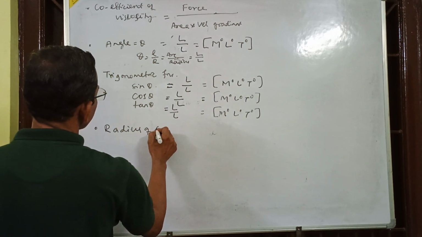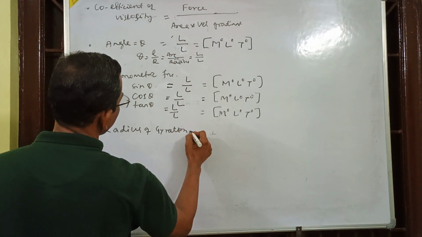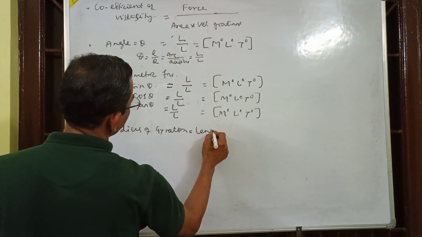Now, the radius of gyration is again length.